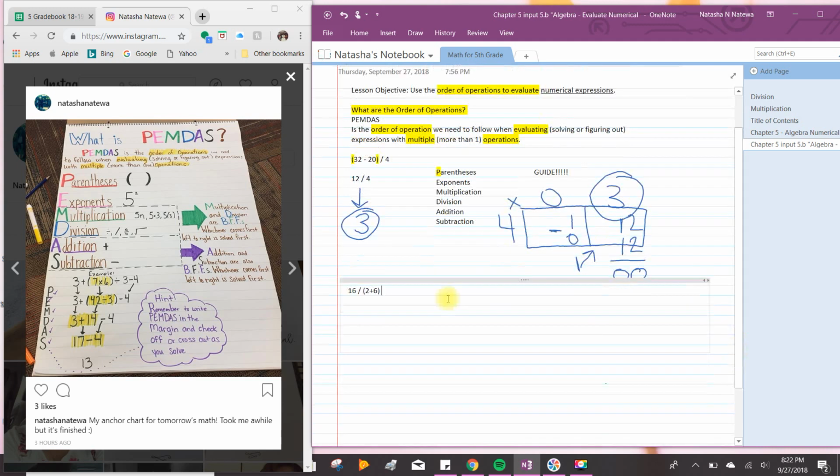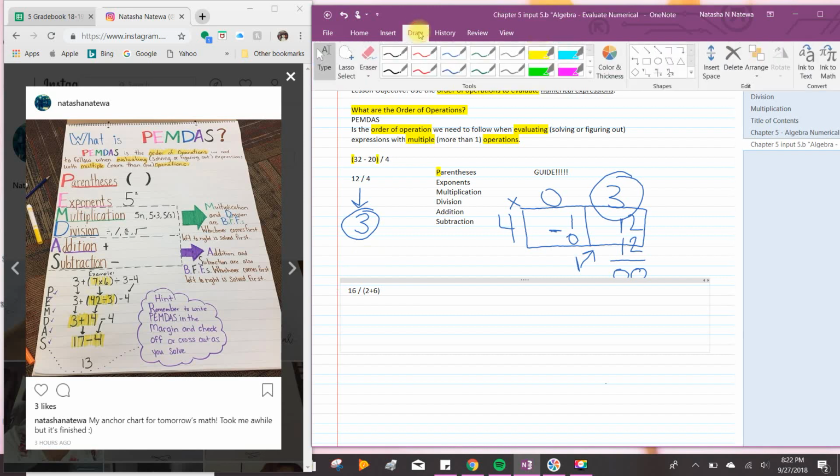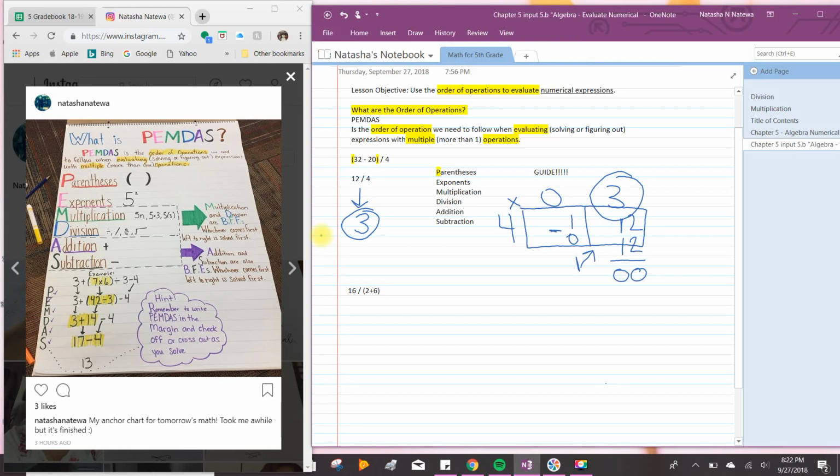So first, we are going to write our PEMDAS, right? Because the hint is to write PEMDAS in your margin, so you can make sure you are keeping track of what you're doing. So there's PEMDAS. Alright. So we have parentheses, right? There are the parentheses. I'm going to get my highlighter out.